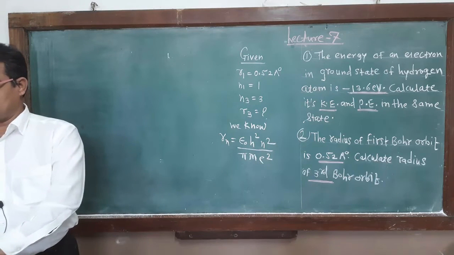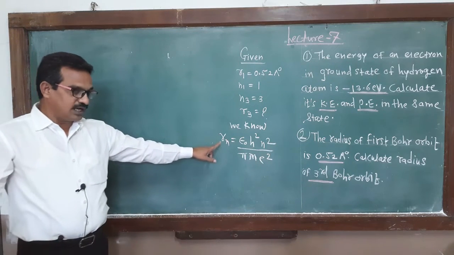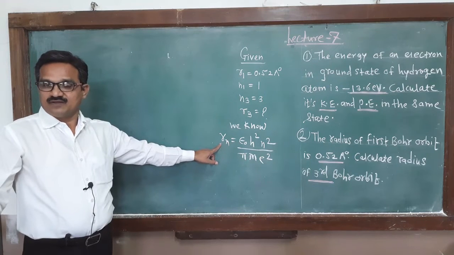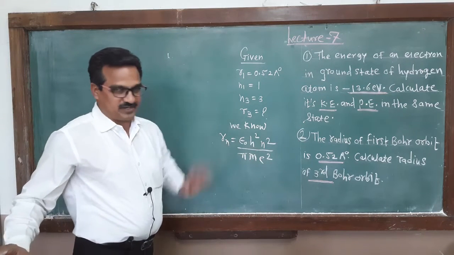This is the expression for the radius of the electron in the nth orbit.